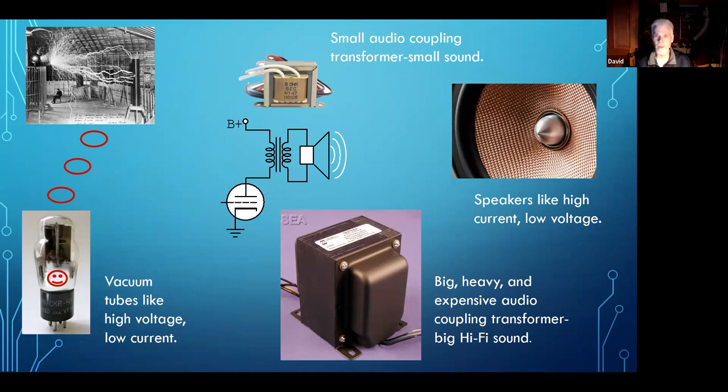So the traditional way of solving that problem is to incorporate a coupling transformer. And the coupling transformer, if you use a small one, you get small sound. If you want full hi-fi richness, you have to have a big, expensive, heavy transformer.